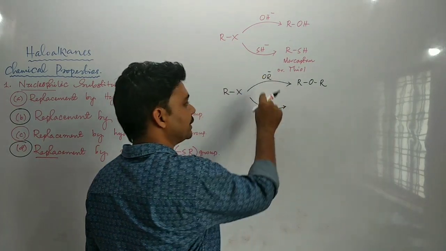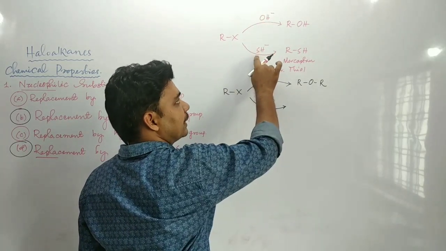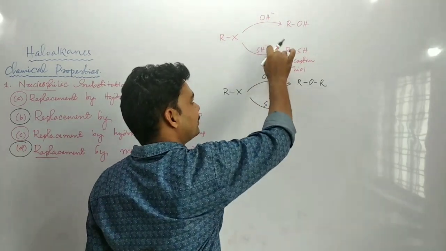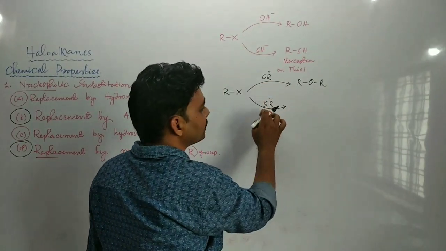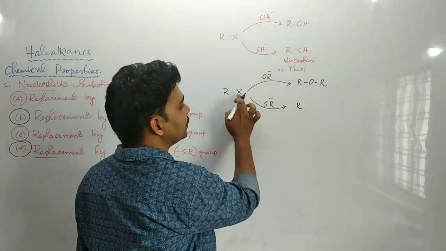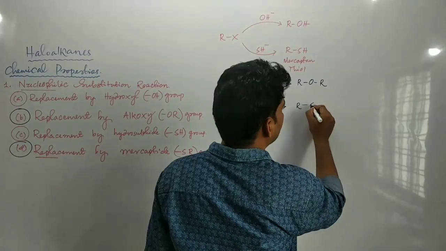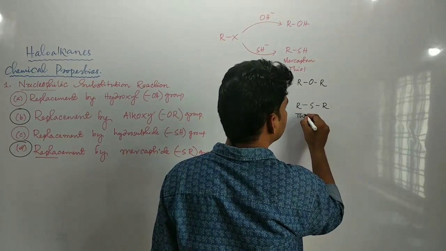In the place of oxygen, sulfur is there. These two reactions have resemblance. Then you will get what? This is your nucleophile, that will substitute this X minus. Then RSR will be the product. This is called thioether.